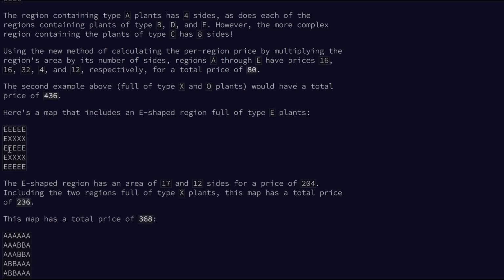There's this in between them, where, like, actually, this... So how do you... I don't know. How do you determine where all the sides are?